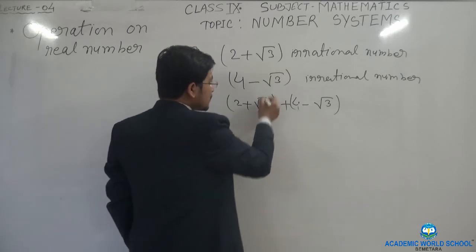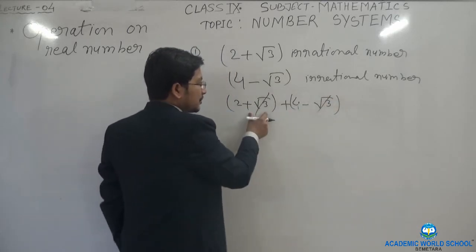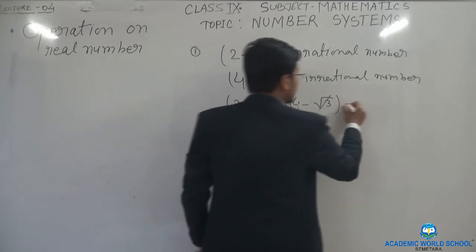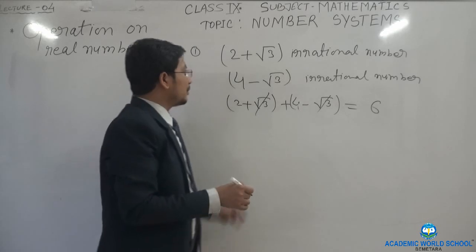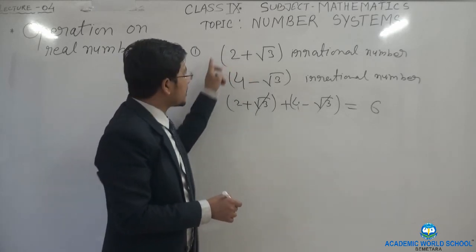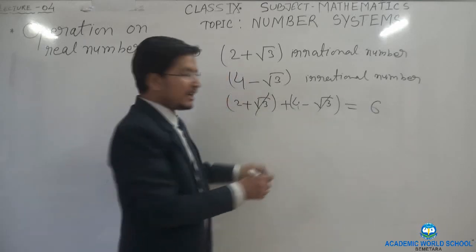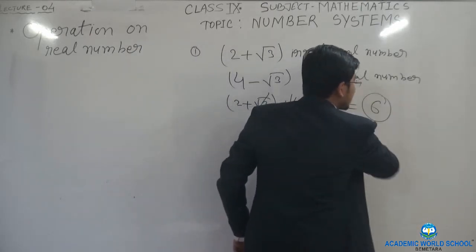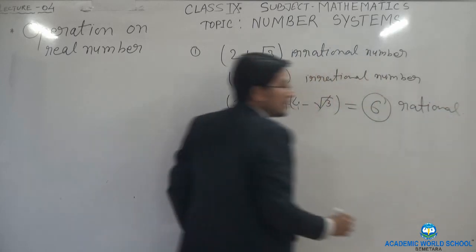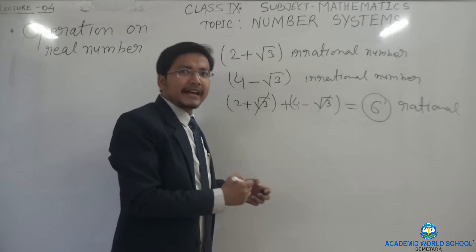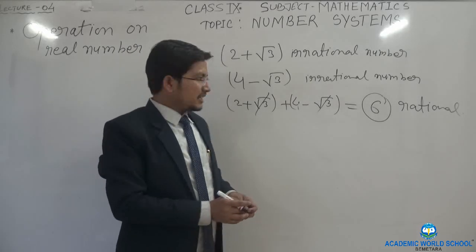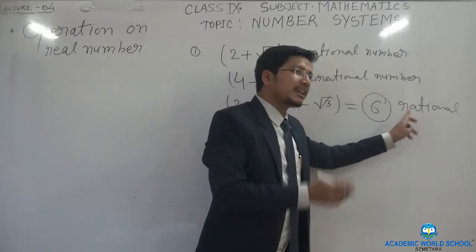So plus root 3 minus root 3 will become 0. Then 2 plus 4 is equal to 6. So we have done addition of two irrational numbers, and the outcome we are getting is 6, which is rational. So we understood that the sum of two irrational numbers can be rational also.